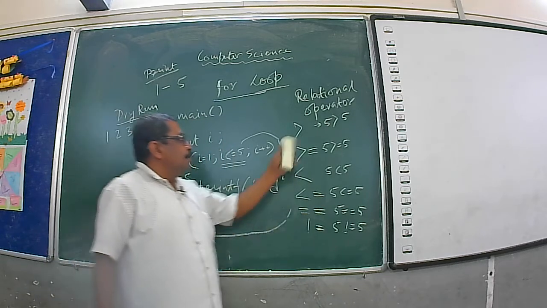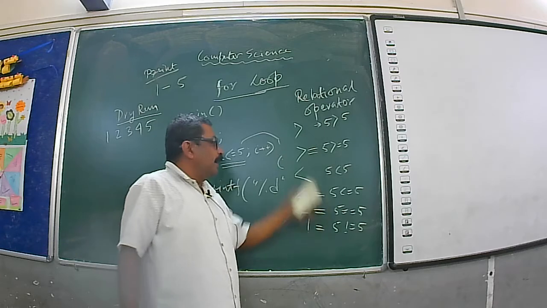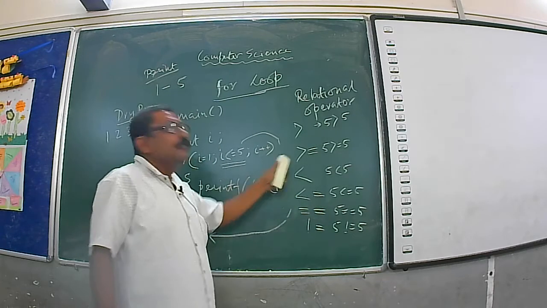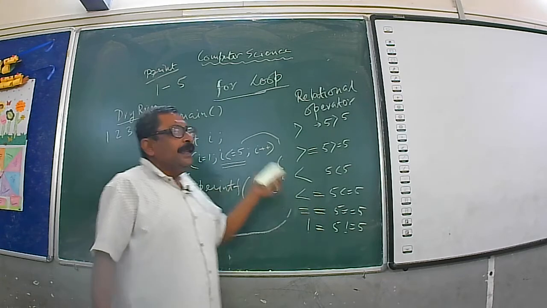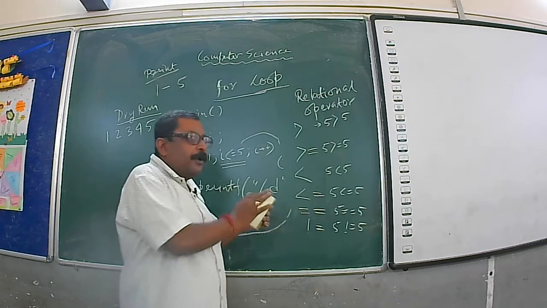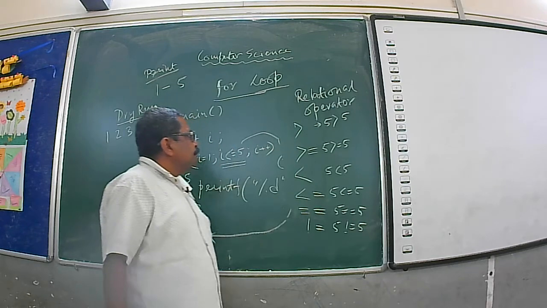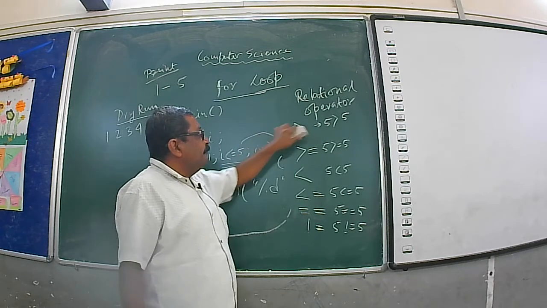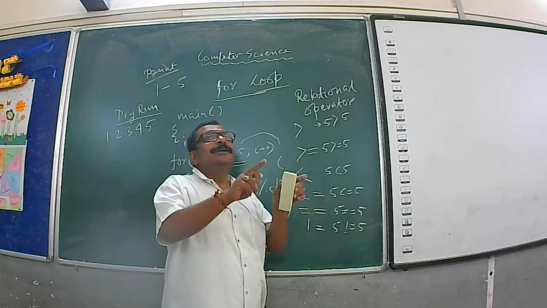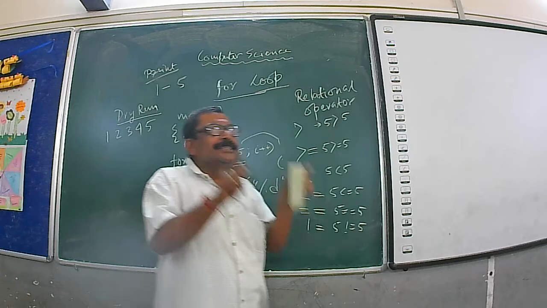Now, assuming number 5, what is the use of the operator, how it is used, and what will be the output. When you are using any conditional operator, the technical term is relational operator, for example greater than 5, it will return either true or false. This true and false is the data type.